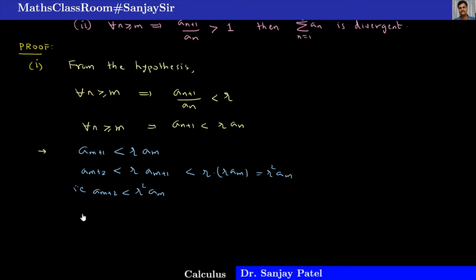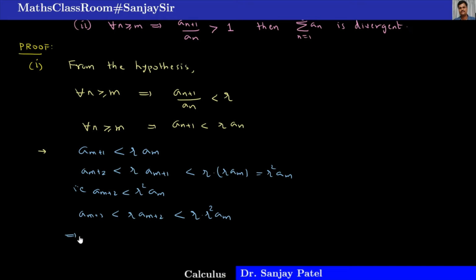Similarly, if I put n equal to m plus 2, what I will get is a_(m+3) is less than r into a_(m+2). But a_(m+2) is less than r squared into a_m, so this is less than r into r squared into a_m.